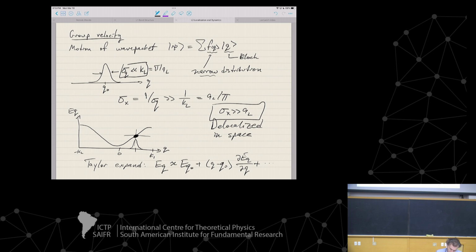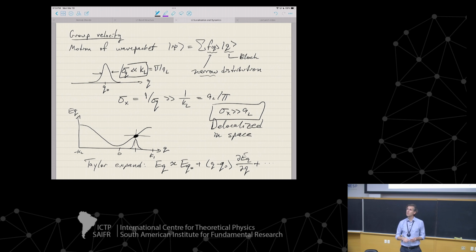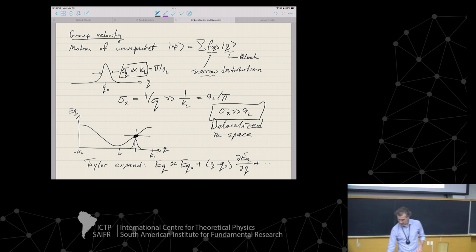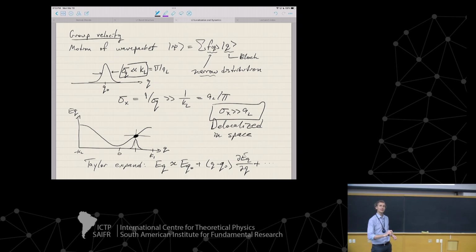Okay, so if I do this now, and I want to know how this wave packet time evolves, I'm going to apply a time evolution operator. The time evolution operator is e to the minus i Hamiltonian time over h bar. It's this time-independent Hamiltonian. And we know what's going to happen because I've written this out in eigenstates. Yes?